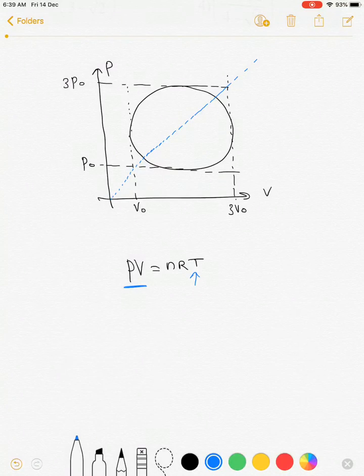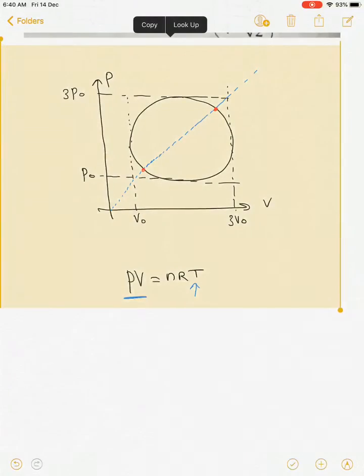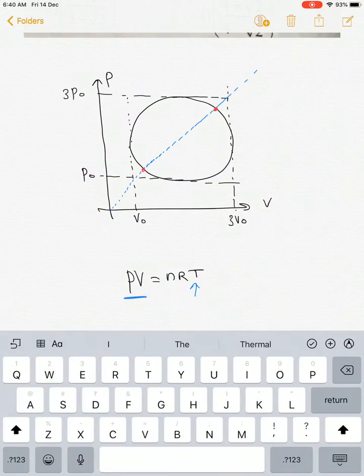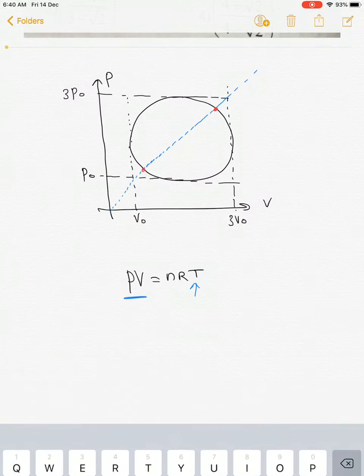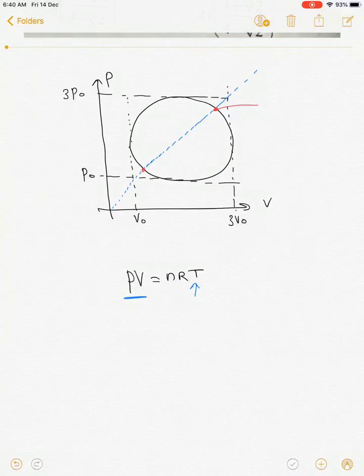In this situation we can observe that there are 2 points, at this point or at this point, where the values of P and V are same, and it is touching that particular graph. So at this point we will get the maximum value of temperature, say T max, and at this point we will get the minimum value of temperature, let's say T minimum.